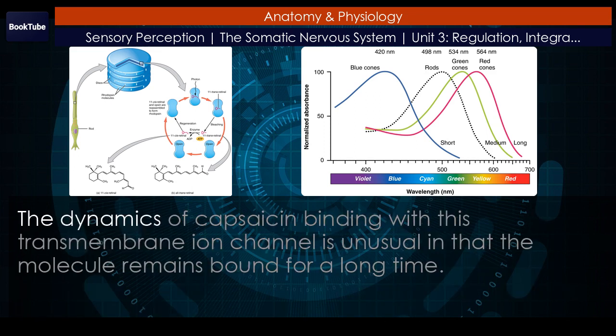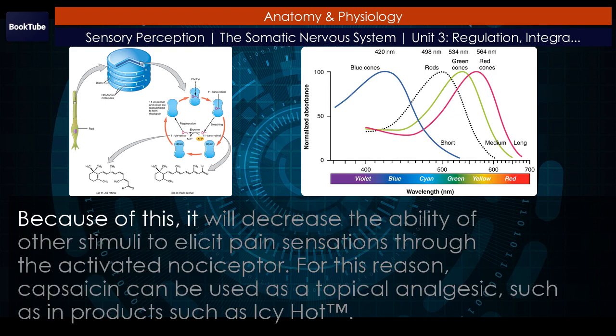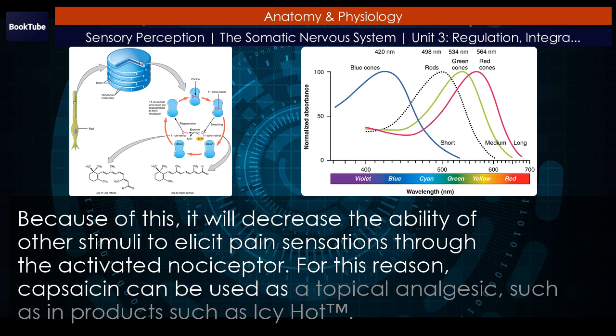The dynamics of capsaicin binding with this transmembrane ion channel is unusual in that the molecule remains bound for a long time. Because of this, it will decrease the ability of other stimuli to elicit pain sensations through the activated nociceptor. For this reason, capsaicin can be used as a topical analgesic, such as in products like Icy Hot.